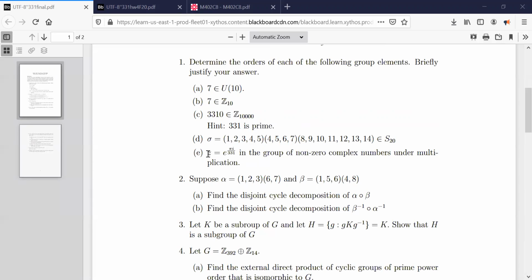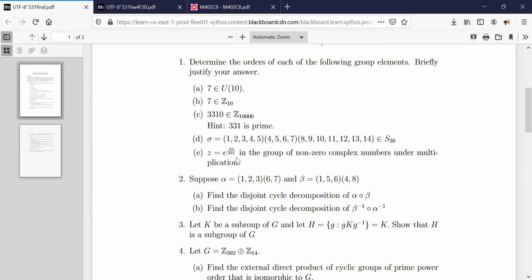So this one right here relates pretty closely to a question that a lot of people got wrong on the midterm. A lot of people claimed that when we had pi times an element of the rationals, all of those were going to be of infinite order.